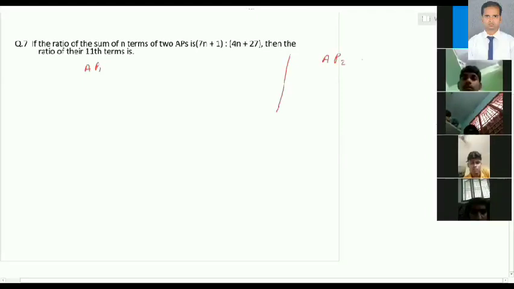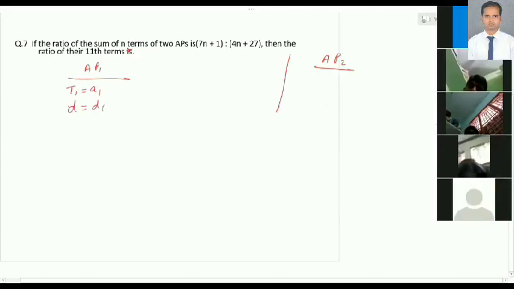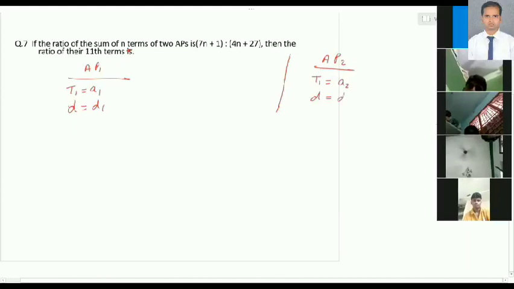In the first AP, I am taking first term T1 as A1 and common difference D as D1. And in the second one I am taking T1 as A2 and D value as D2.